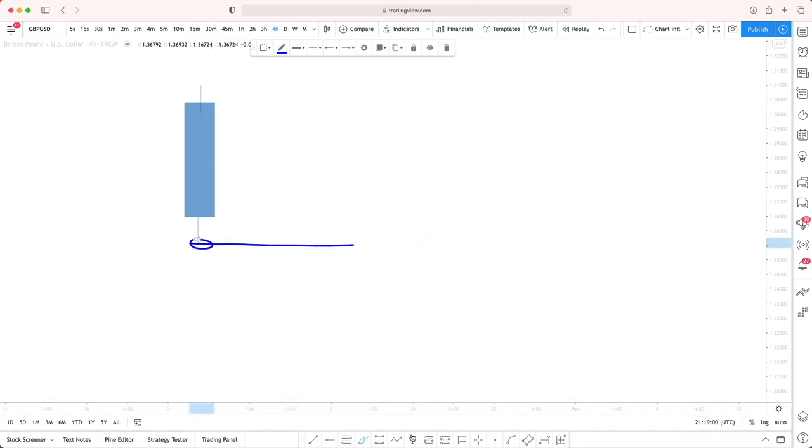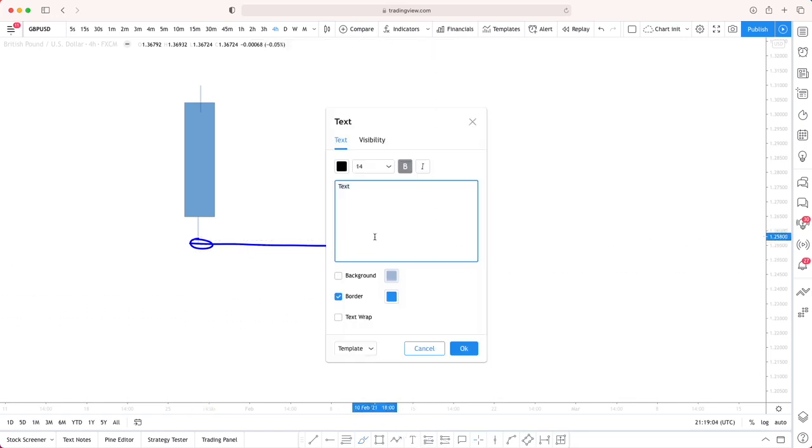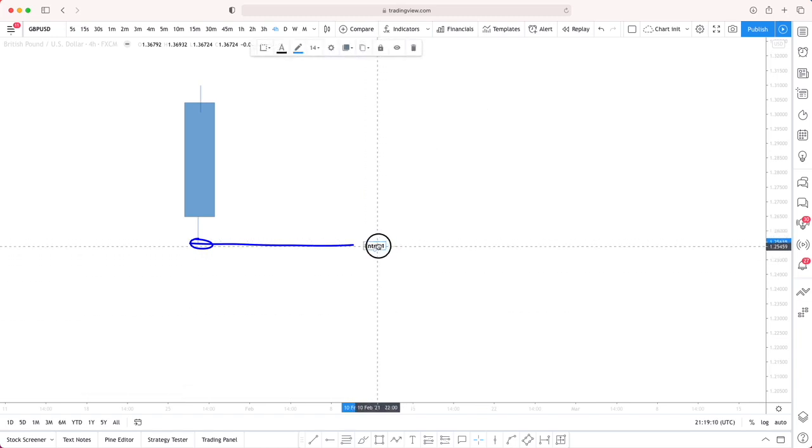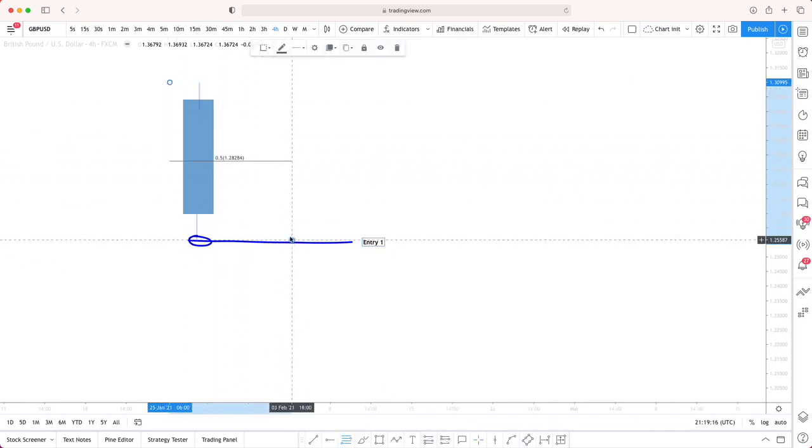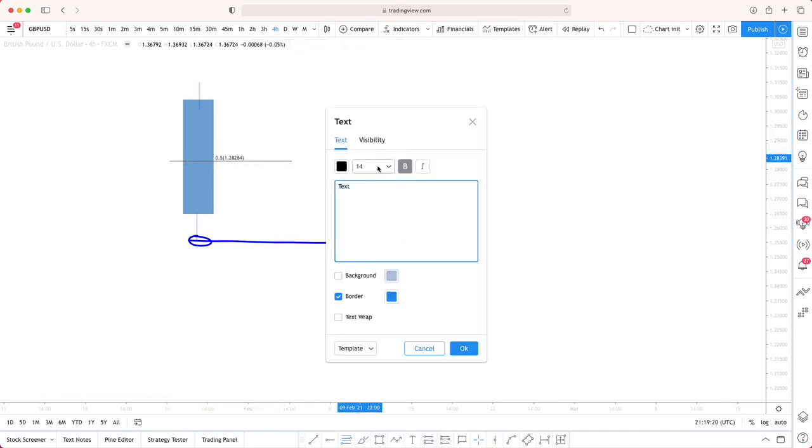So this is entry 1. Alternatively, you can get your Fibonacci tool and use the 50% of the OB as your entry 2. Entry 2.